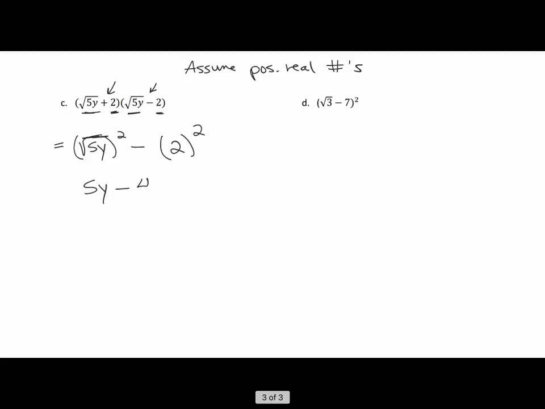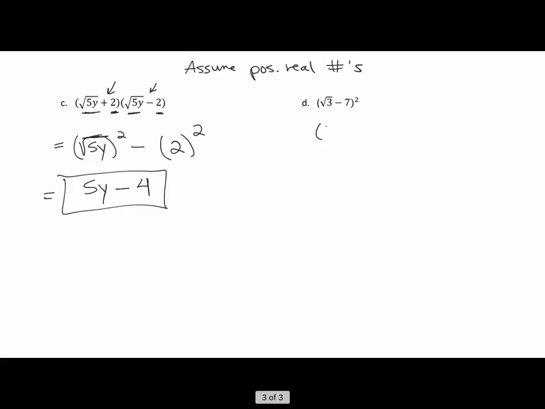And 2 squared is 4. So that's the really fun thing about multiplying the sum and difference. It will cancel out the radical, making this a rational number. Assuming y is not irrational. But that's our simplified product. Those are not like terms, so they stay separate.